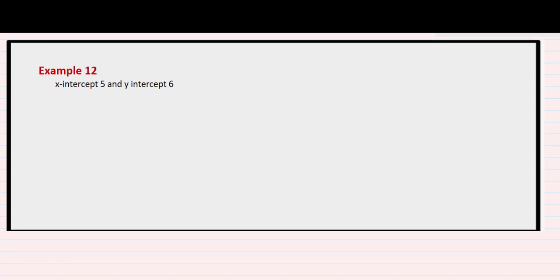Last question. X-intercept is 5 and y-intercept is 6. And we're supposed to find the equation. So when x-intercept is 5, the y value is 0, and y-intercept is 6, x is equal to 0.